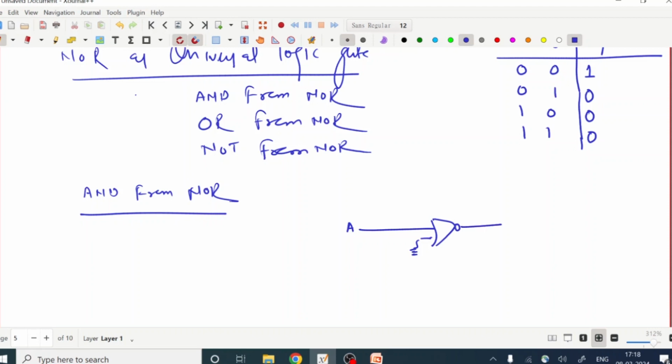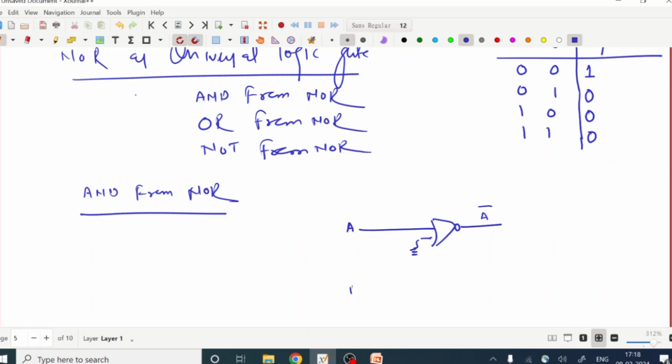Here when one input is connected to ground, that input is 0 and the other input is A. This means the value depends on A. When the value of A is 1, the output is 0, and when the value of A is 0, the output is 1, because the other input is already 0. So this gives a complement.